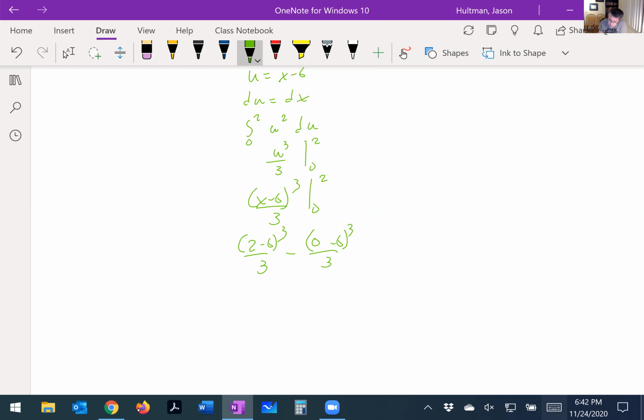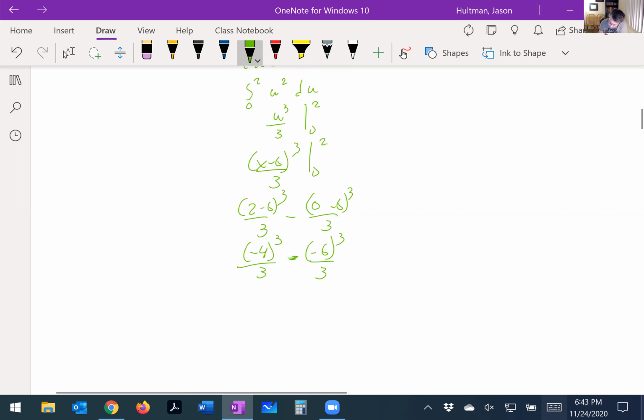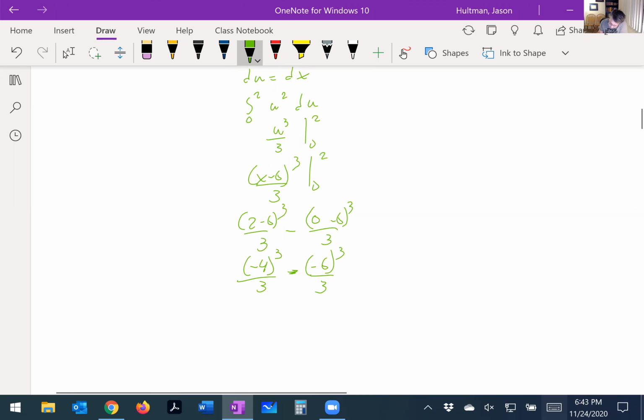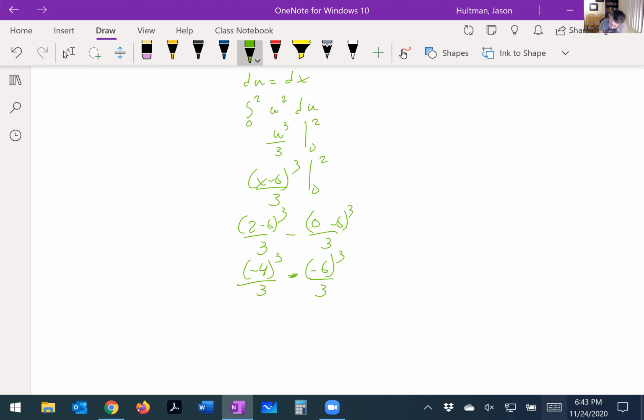So this is going to be negative 4 cubed over 3 minus negative 6 cubed over 3. Negative 4 cubed is negative 64 over 3. This is a negative of a negative 216 over 3.